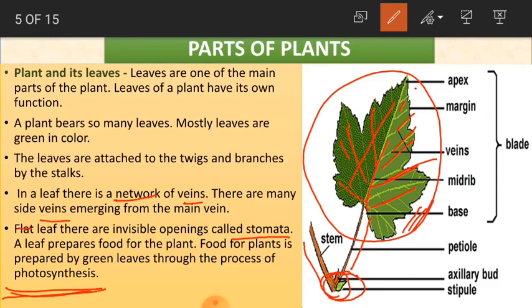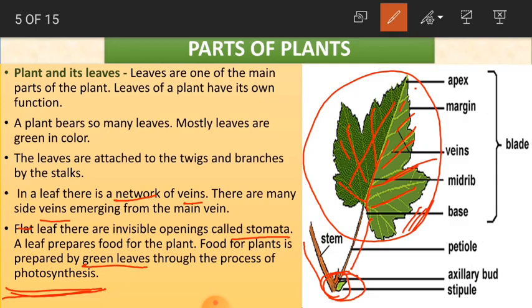The process of food which is made by the green leaves is called photosynthesis. So about photosynthesis you will learn again in detail in your further classes.